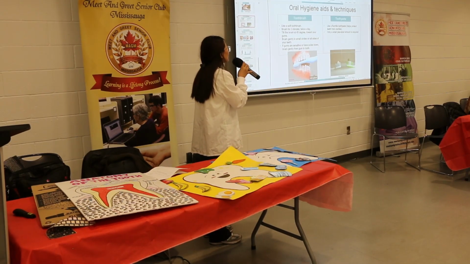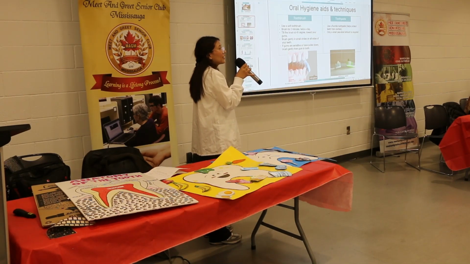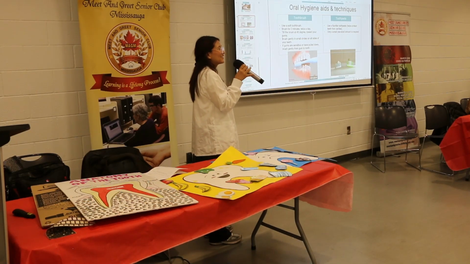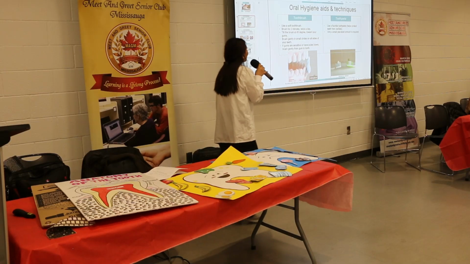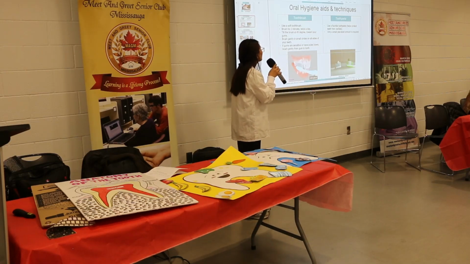So do you know about oral hygiene aids? How do you take care of your teeth, your mouth? Do you know how you brush? Yes. Okay. So first I'll talk about the toothbrush.